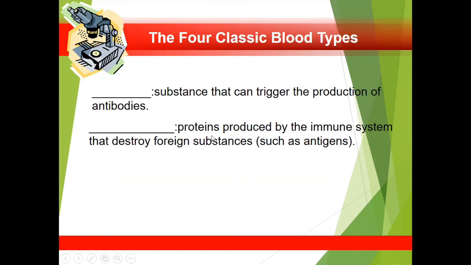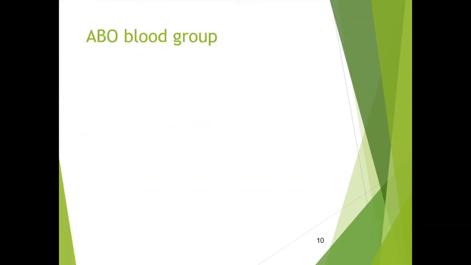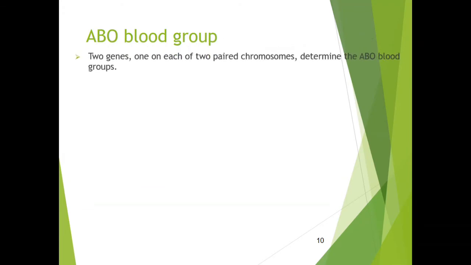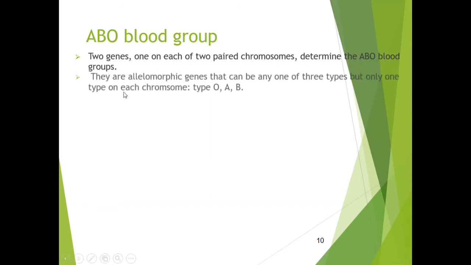ABO blood group. Two genes, one on each of two paired homologous chromosomes, determine the ABO blood groups, as we have discussed with genotype and genetics. Type O is either functionless or almost functionless, so it causes no significant type O agglutinogen on the cells. That means no antigen.